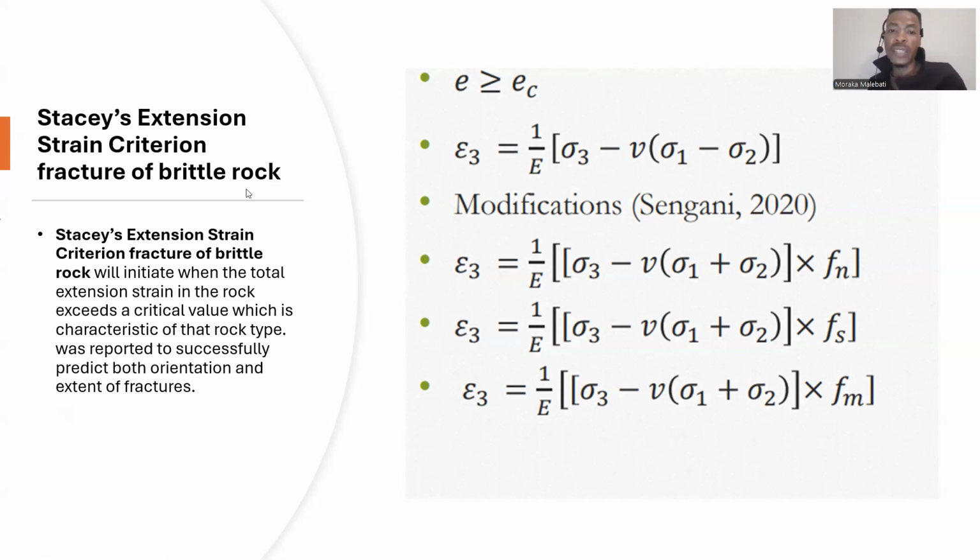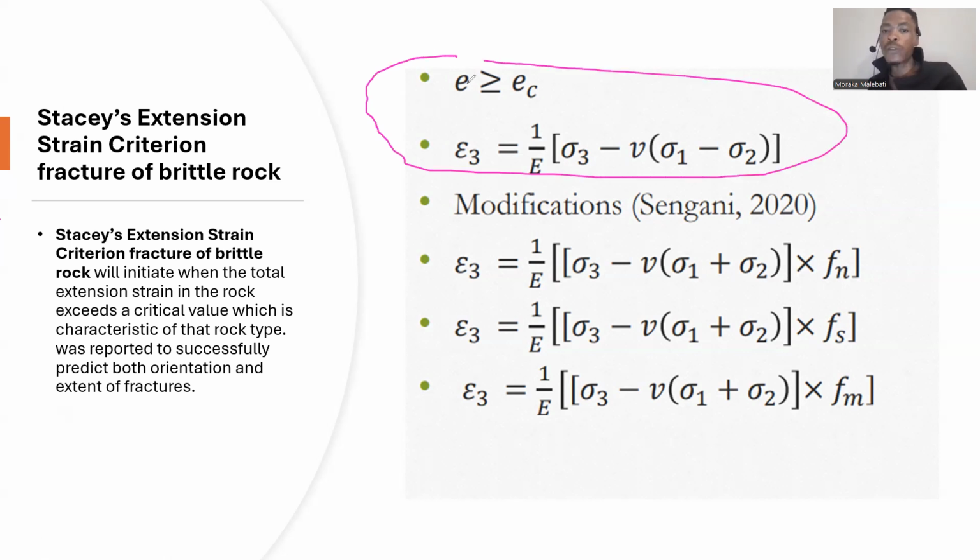Previous researchers developed this formula, where if you exceed this critical value or limit, failure starts to happen. But new researchers like Sengani 2020 modified this equation into this one.